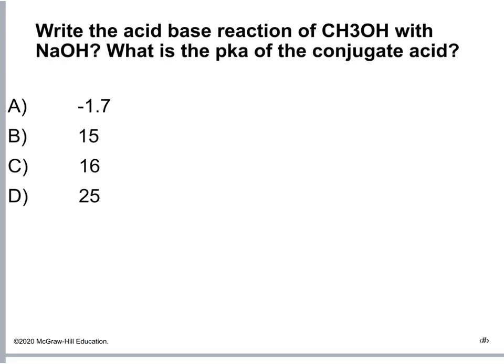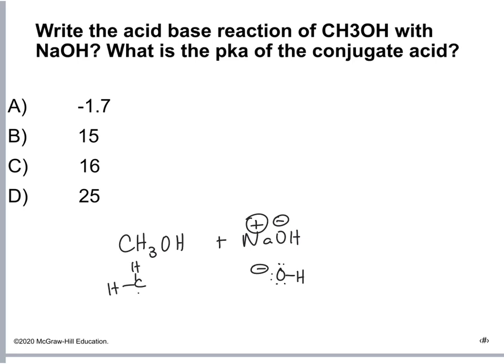Write the acid-base reaction of methanol with sodium hydroxide. So we're doing this one again. Whenever you see sodium, lithium, magnesium, any of those metals, just go ahead and make that a plus and that a minus. And I would like for you to draw out your Lewis structures on these while you're learning Lewis structures.